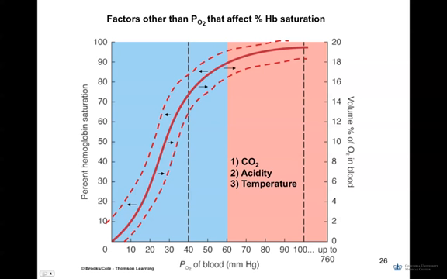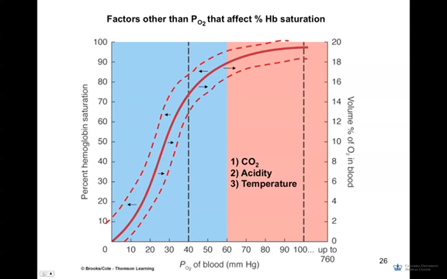It also is going to have a local pH that is more acidic. The value of the pH will be less and it will be more acidic because, among other things, it's producing lactic acid. And then also because whenever metabolism increases, we're producing more heat. The local temperature will be higher as well.